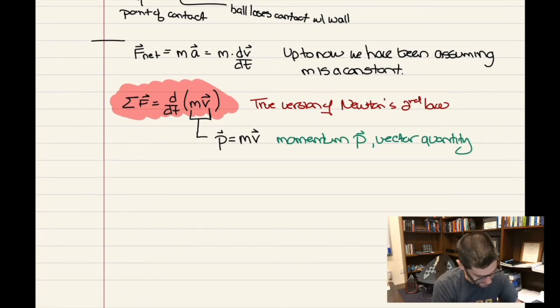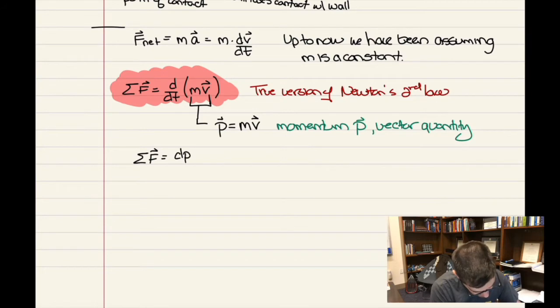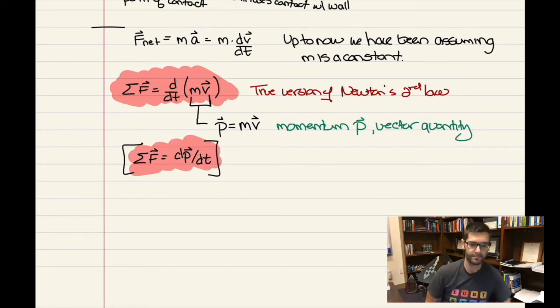So another way of writing Newton's second law is that the sum of the forces acting on the object is saying how momentum changes. The sum of the forces acting on an object, we were saying equals mass times acceleration. Really what Newton said is that the sum of the forces acting on an object changes the object's momentum, how momentum changes with time, which again, that's just a way of saying the derivative.